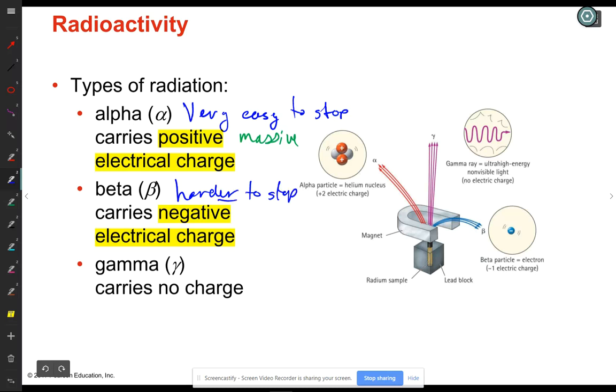And they had a much lower mass. And then the gammas, the ones that were the most penetrating, so the gammas are hard to stop. They have no electric charge. And so we have these three fundamental different types of things.